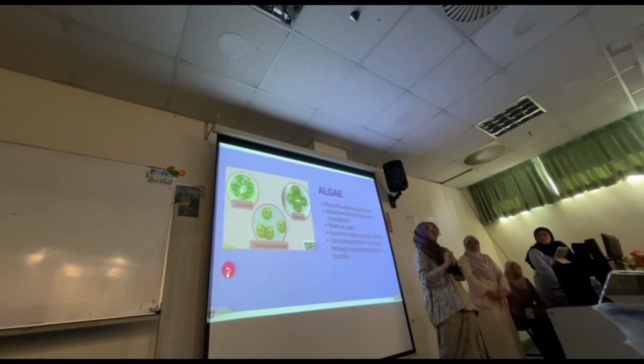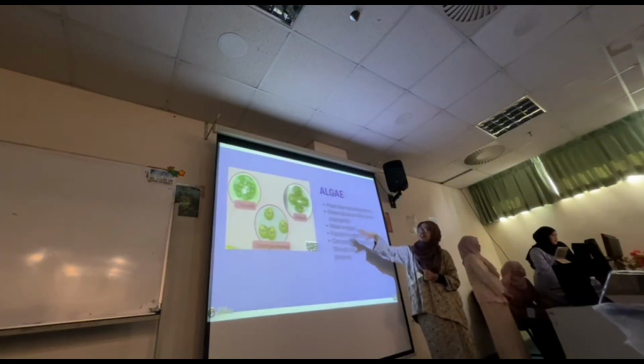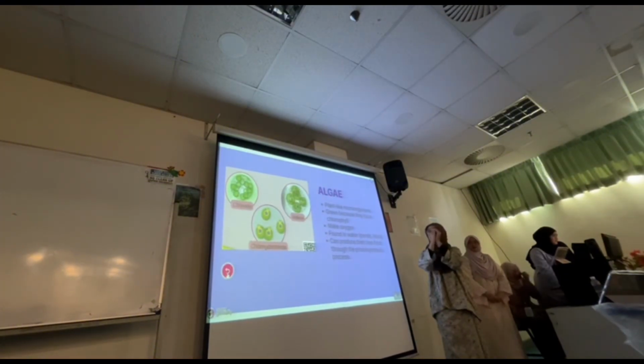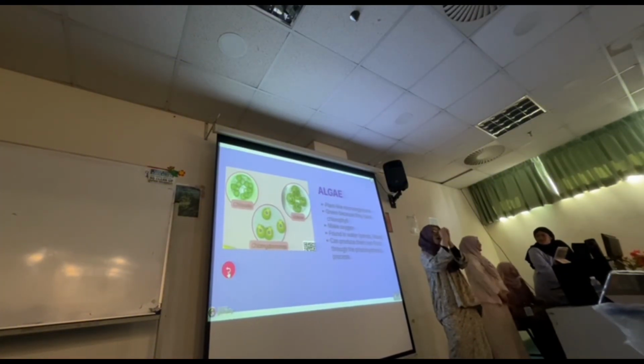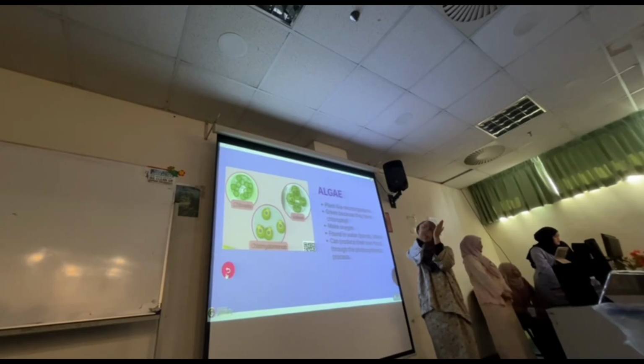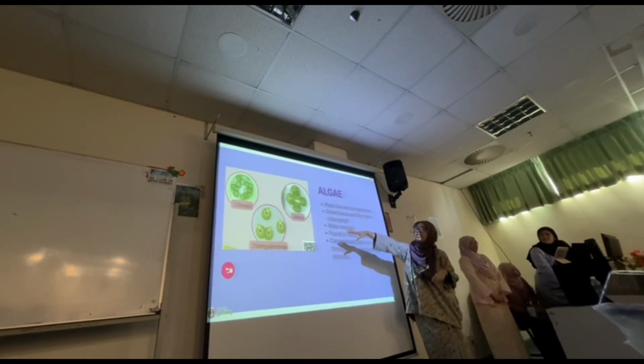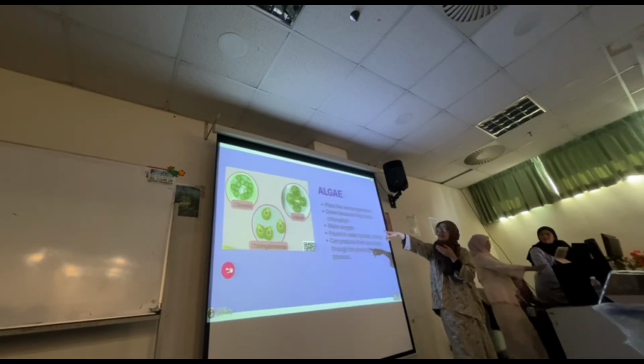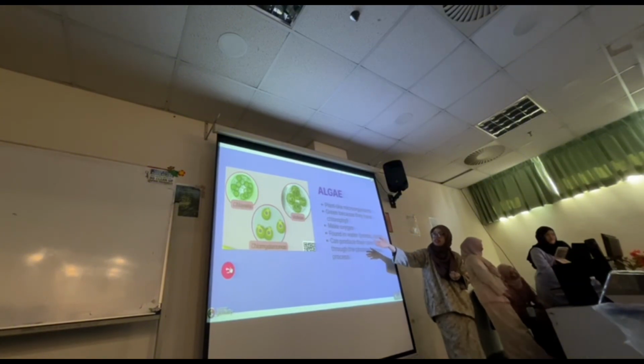The shape is round, green. Just remember round, circle, and green. So the names of alga are chlorella, volvox, and the last one.